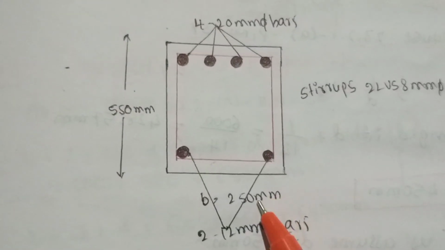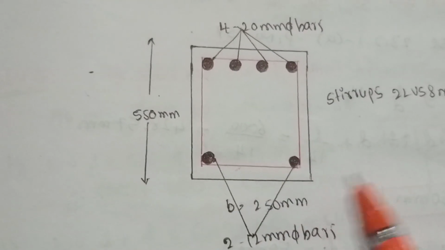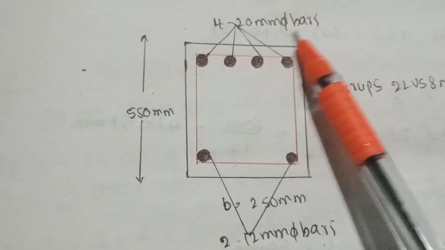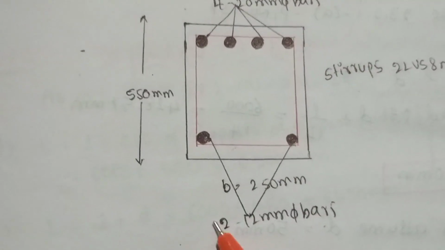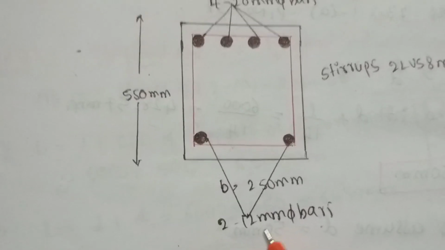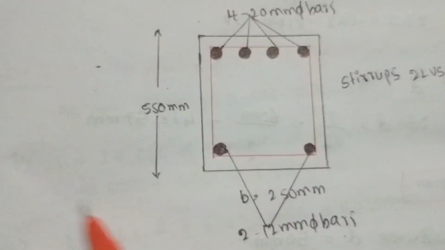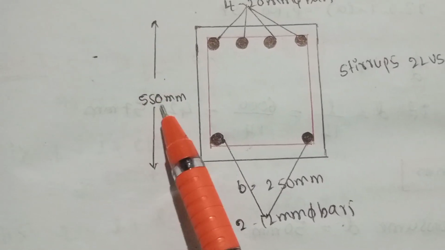So this is the cross section diagram of a beam. 4 numbers of 20 mm diameter bars at tension zone, and at bottom side 2 numbers of 12 mm diameter bars. The overall depth of the beam is 550 mm.